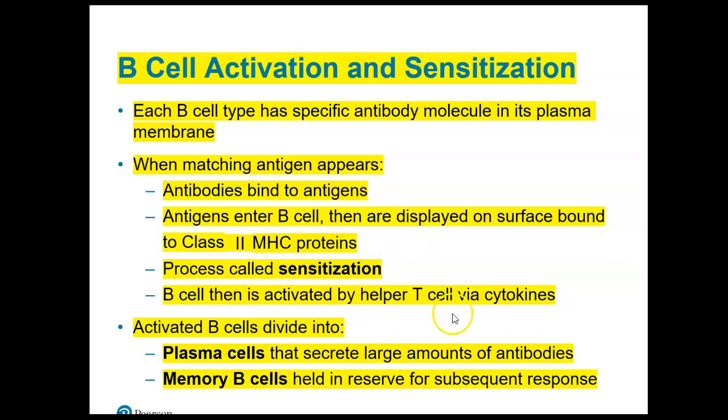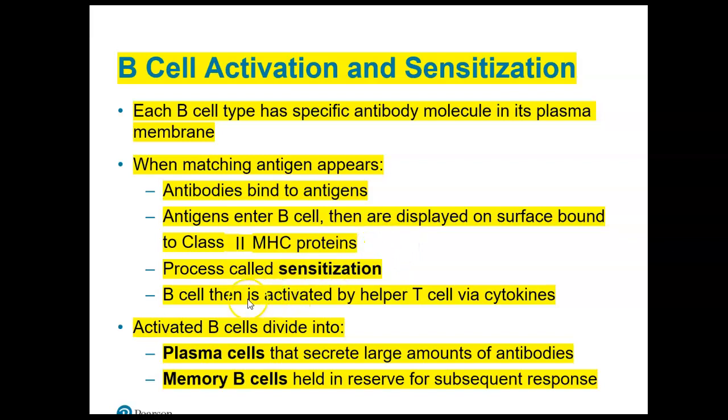And then the B cell is activated by helper T cell via cytokines. So for a B cell to be activated, it has to be sensitized also. For that to happen, the antibodies that have already bound to antigens, those antigens have to enter the B cell, and then they're displayed bound to class 2 proteins, and that makes the B cell now an APC.